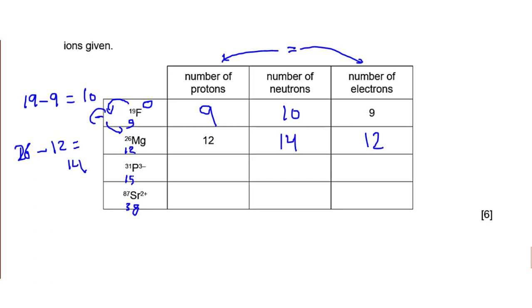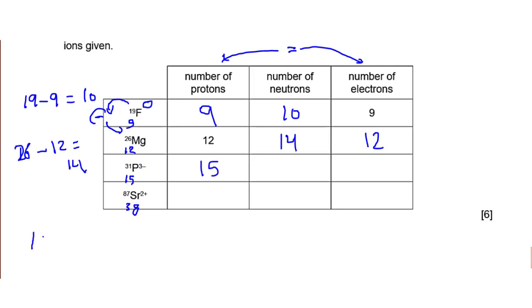Third one, take care here we have 3 minus. Remember the rule, it means that we have number of electrons more than number of protons. So what is number of protons? Proton number is down here, it's 15. And electron number should be more than number of protons by this 3.